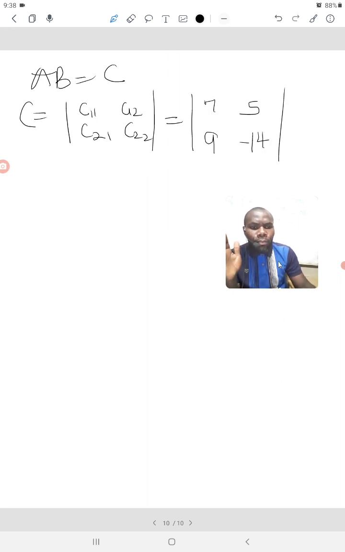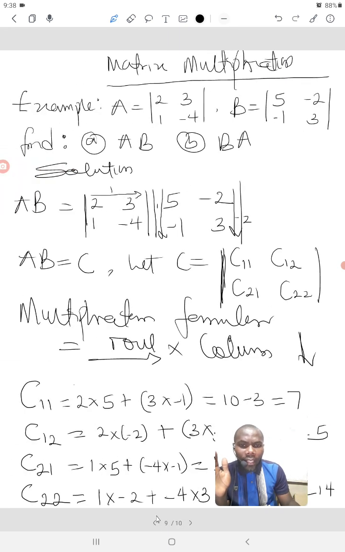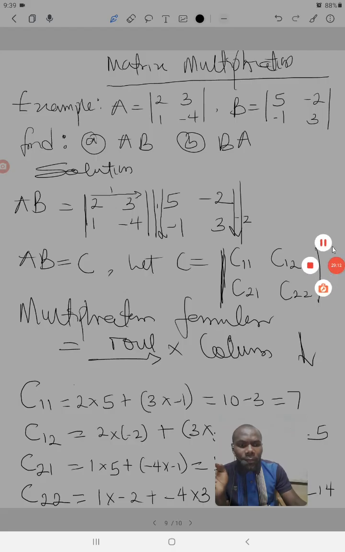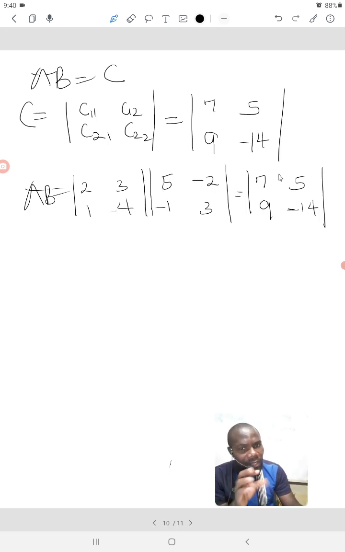So now to prove to you, let's write the value of AB again. That is 2, 3, 1, 4. So this is now AB. By the time you multiply the two, it gives us this.